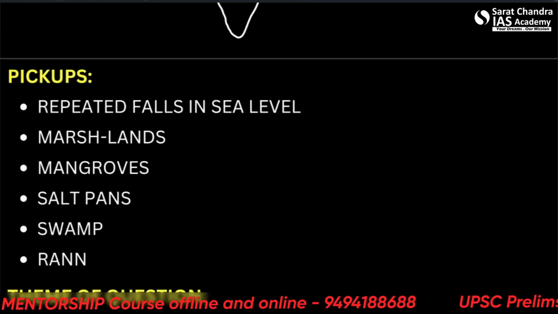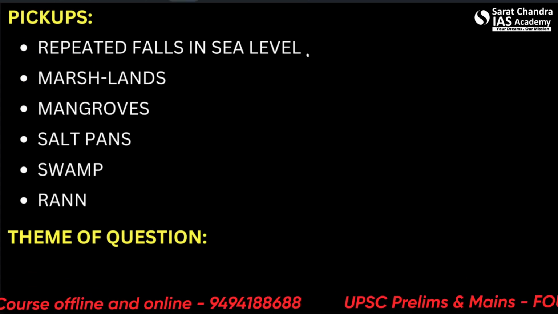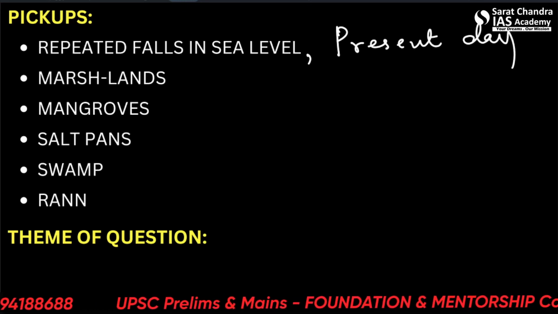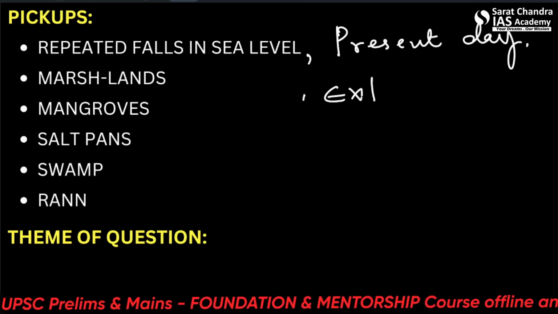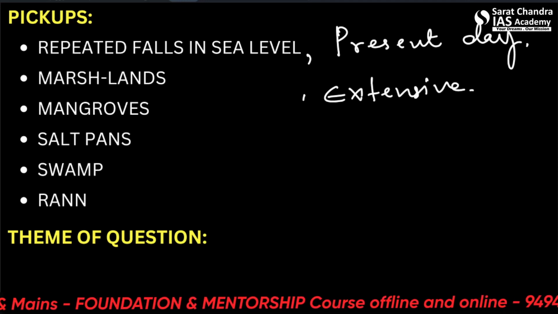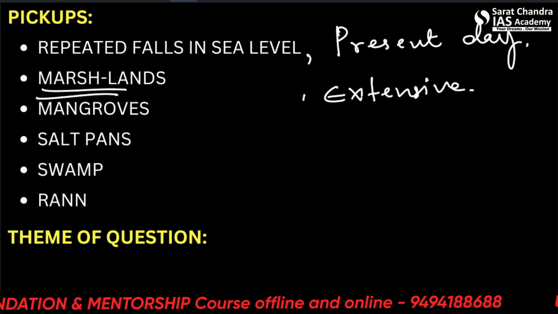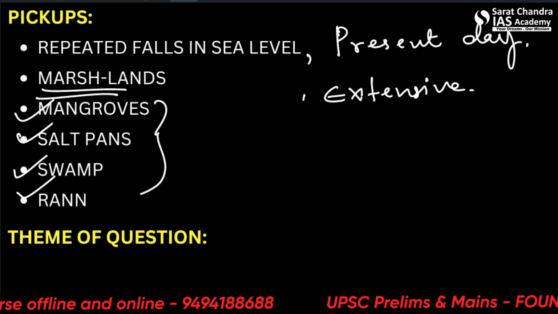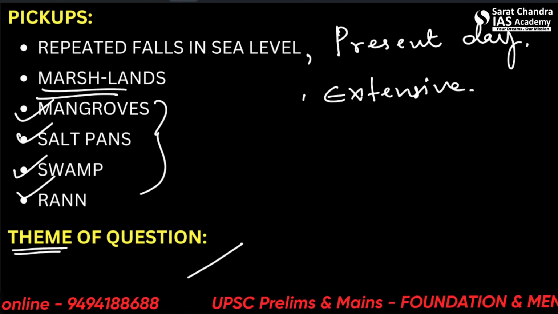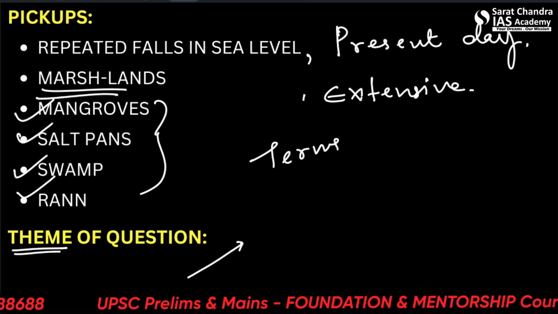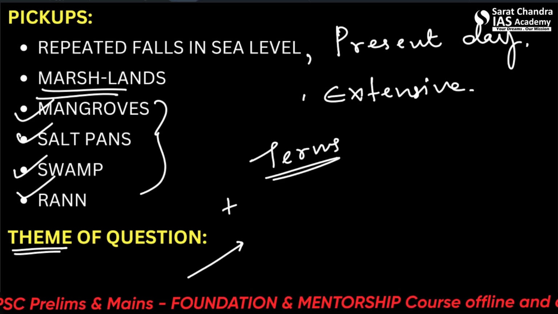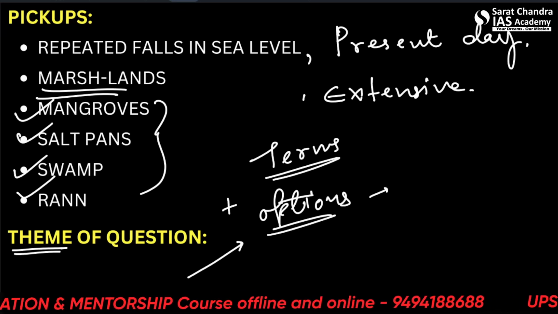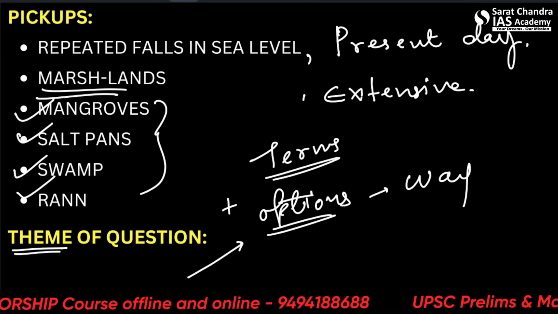Okay, so what are the pickups here? Repeated falls in sea level, present day and extensive marshlands, and in the options mangroves, salt pans, swamp and run. So what is the theme here of the question? Whether we know these terms or not, and whether we can figure out from these options, what is the proper way to solve this question?